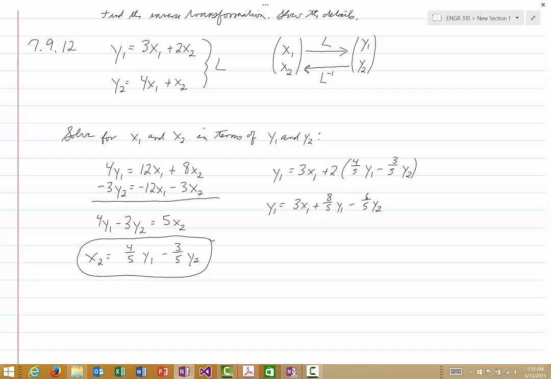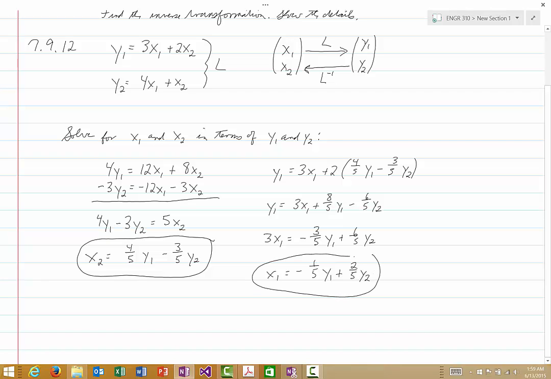And now if I take x1 to one side of the equation and leave the y1 and y2 terms on the other side, we'll get 3x1 is equal to minus 3/5 y1 plus 6/5 y2. And then if we divide each side of the equation by 3, we get x1 is equal to minus 1/5 y1 plus 2/5 y2.